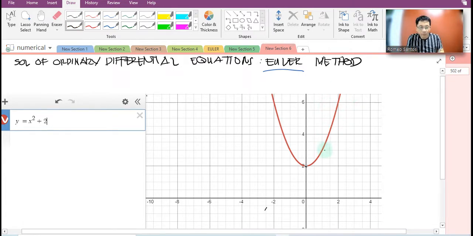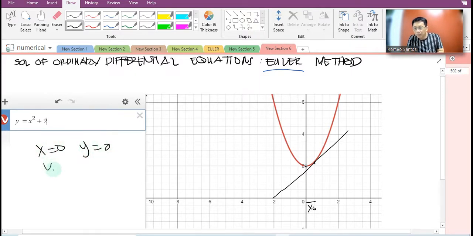Initially, you know, if we drew a tangent line here, this is our initial condition, okay? So x is 0.5. This is the x from earlier, when x equals 0, y is equal to 2.